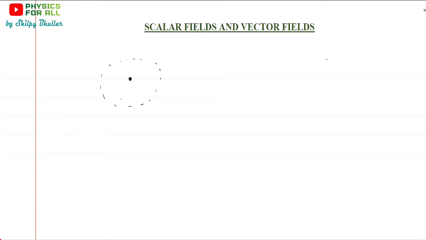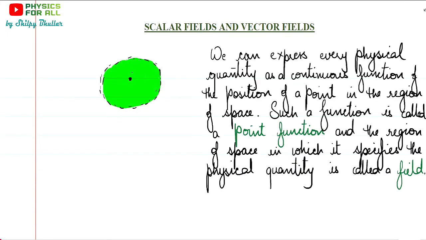Let this be some physical quantity, be it temperature. We can represent this physical quantity as a continuous function of the position of a point in the region.